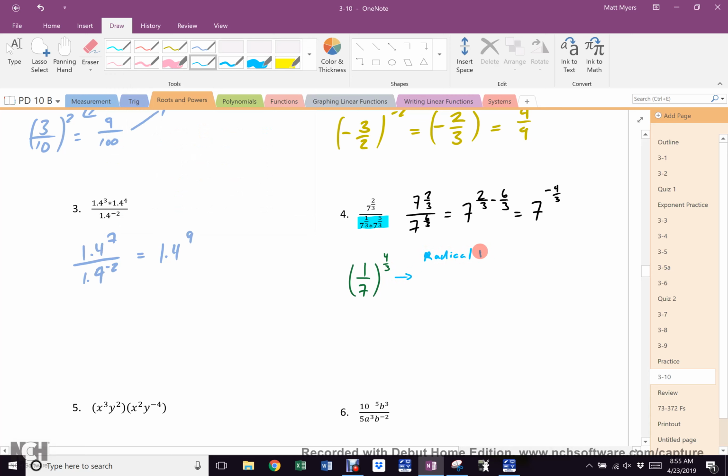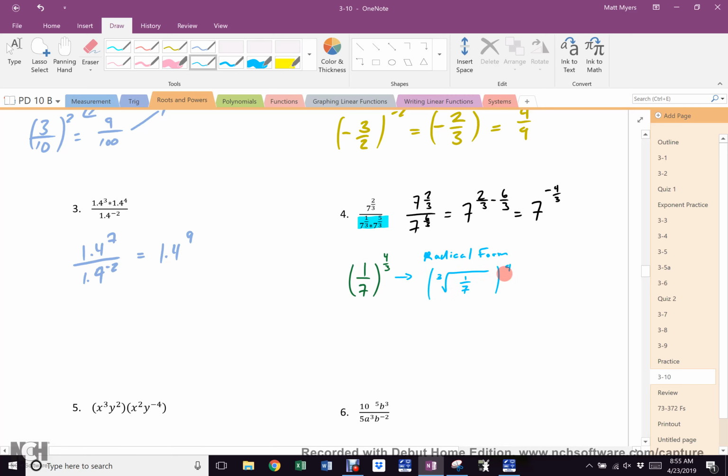How will you know what I want? You'll read the instructions. Okay? So in radical form, this is the cubed root of what? This is what you just learned. 1/7, cube root, the base becomes the radicand, all to what power? 4.